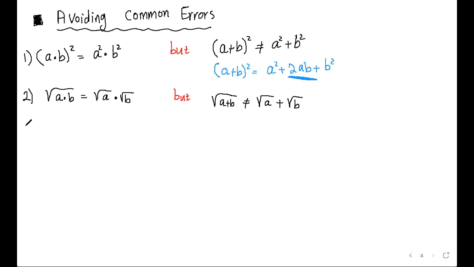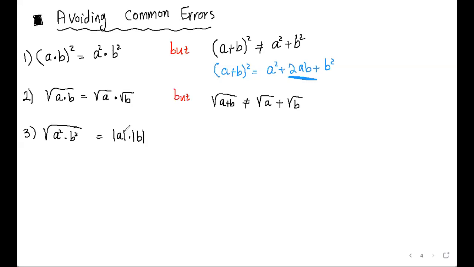For the third one, square root of a squared times b squared is equal to the absolute value of a times the absolute value of b, like we learned before, because we have even here, 2 and 2. When I see even, inside must be positive. Square root, the absolute value of a times the absolute value of b.